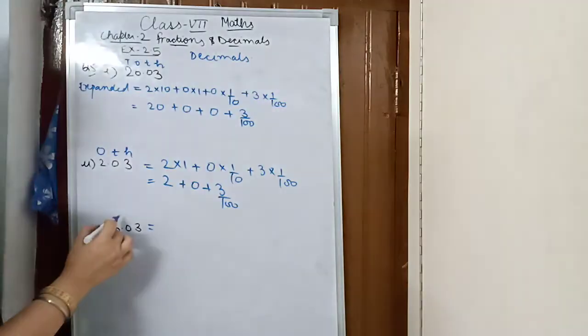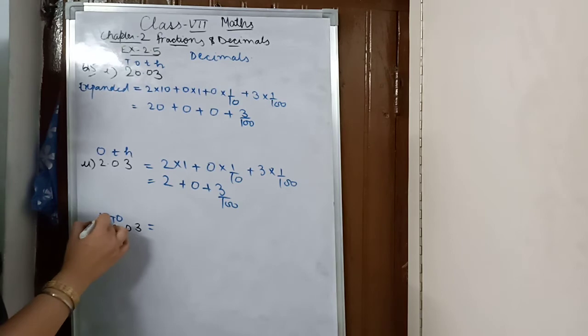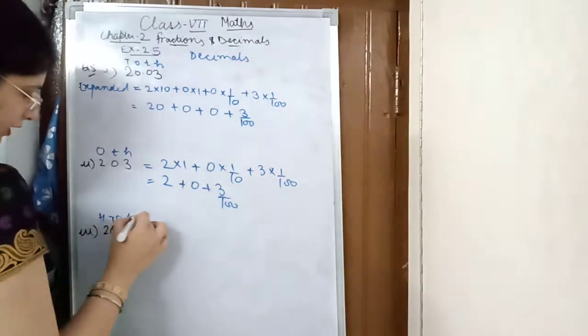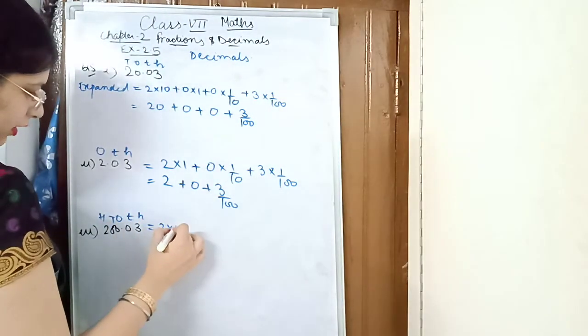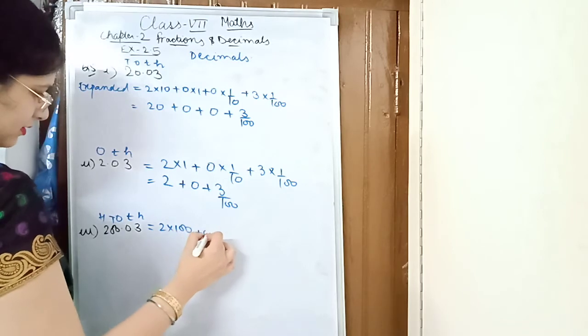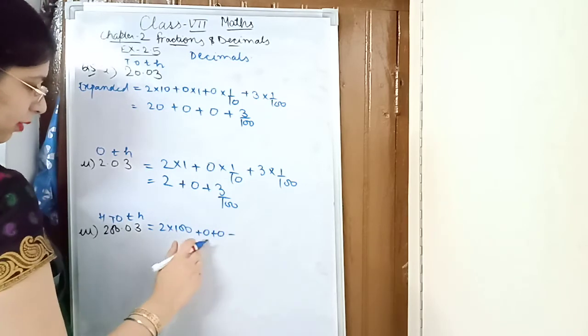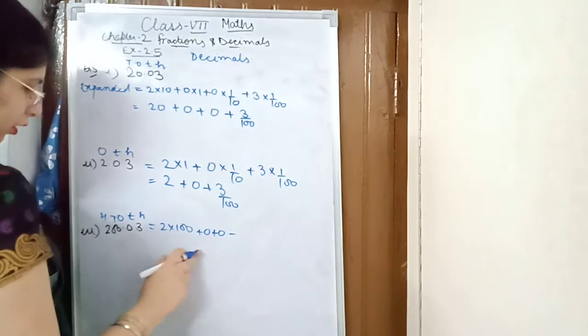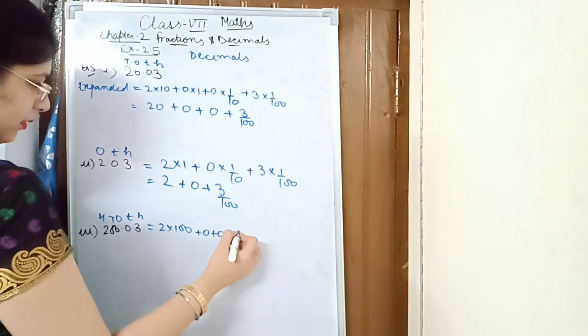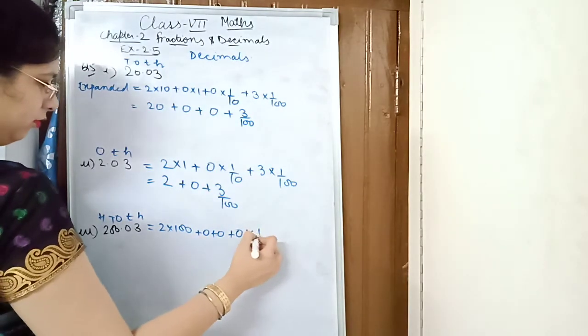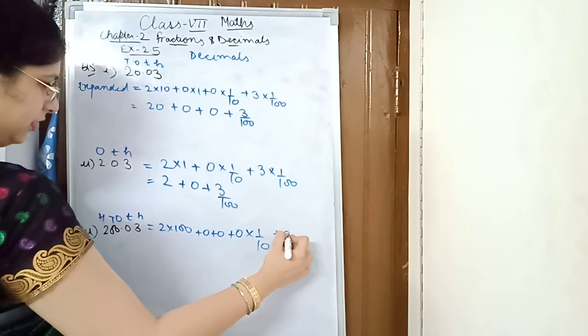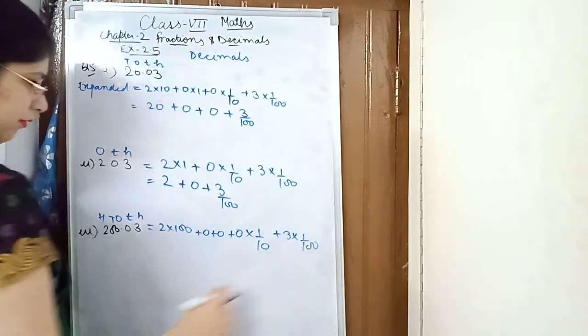Very easy. Again you will write ones, tens, 100. Here how do you write? This is 10th and this is 100th. 2 into 100 plus 0 plus 0. I am not multiplying 10 and 1 because ultimately it will be 0 now. Plus 0, if you wish to convert into this, like this you can convert, plus 3 into 1 upon 100. Clear?